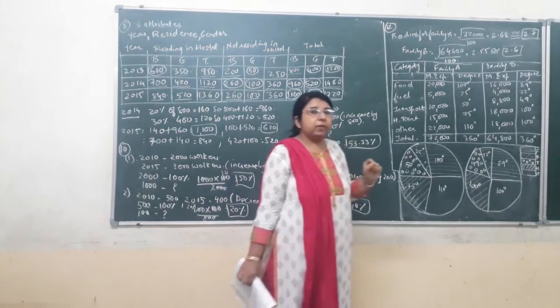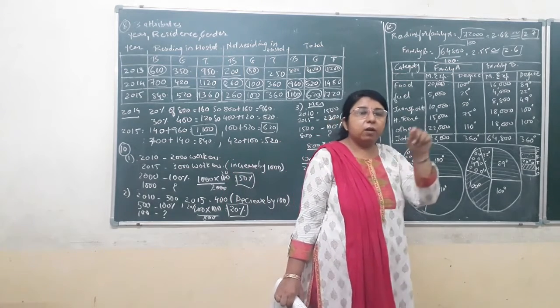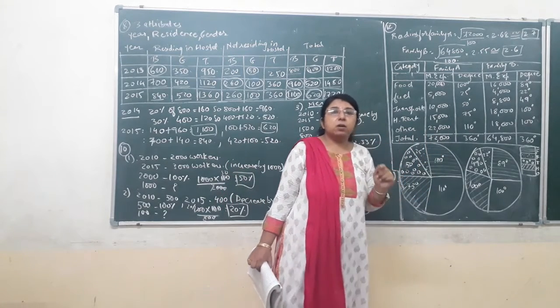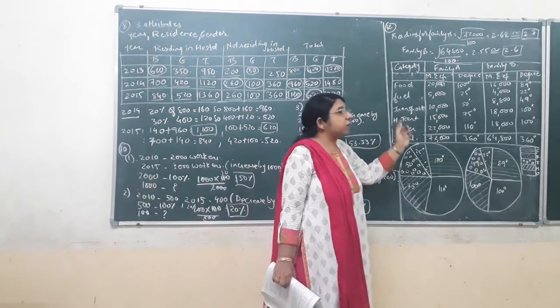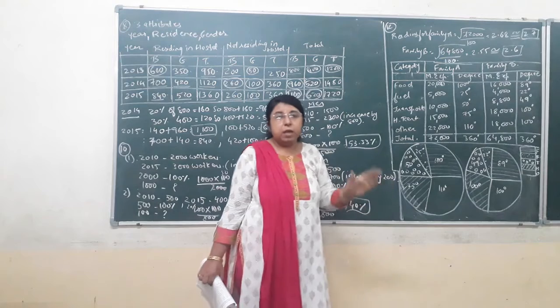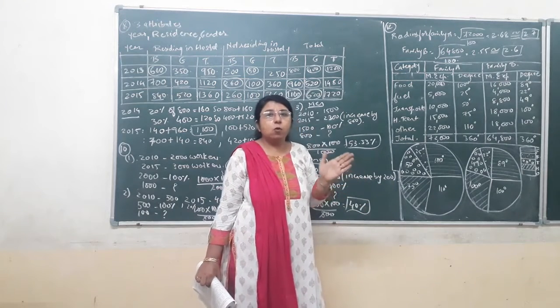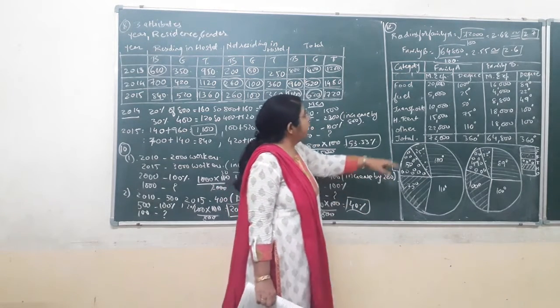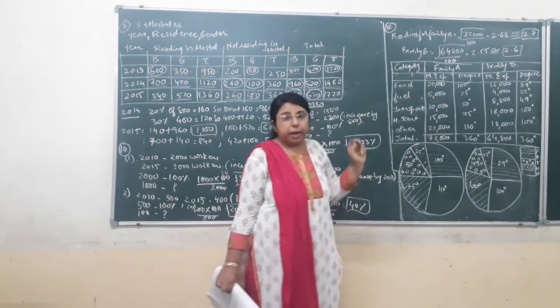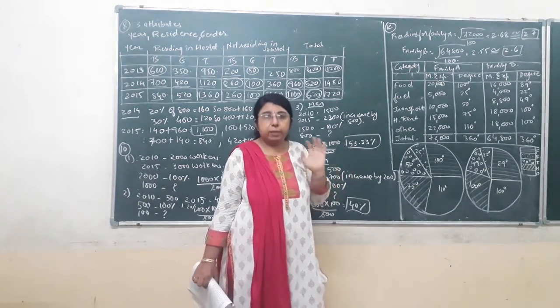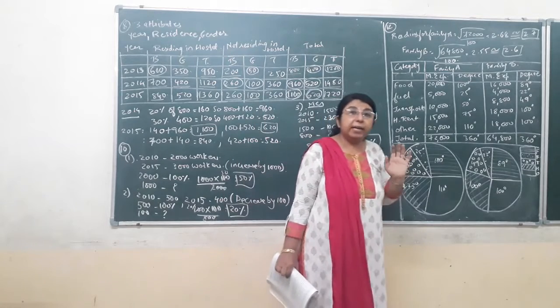You know very well that in a pie diagram the degree of the entire circle is always 360 degrees. So whatever expense data is given to you for both the families, you have to convert it into degrees. Okay, before that you have to find the radius of both the pie diagrams, for family A and family B. Now how to find that radius?